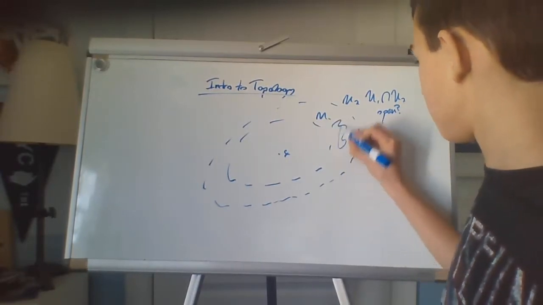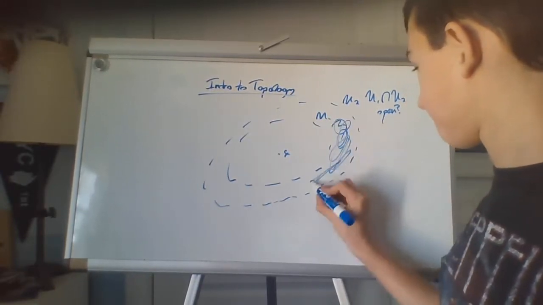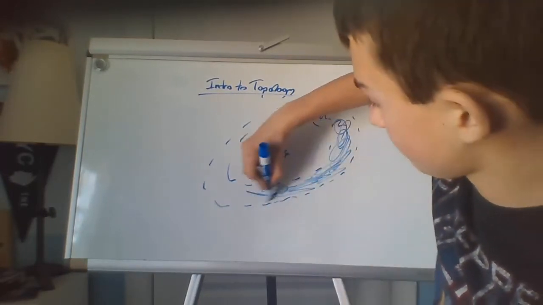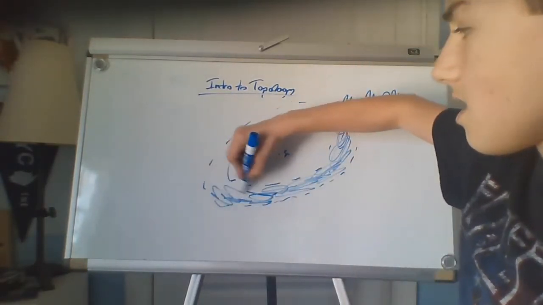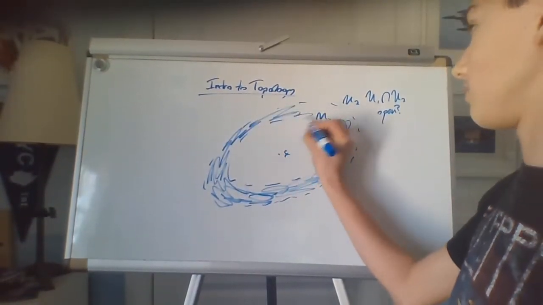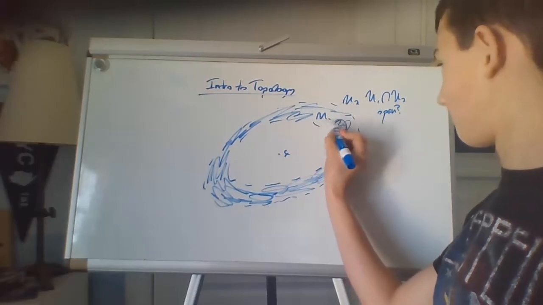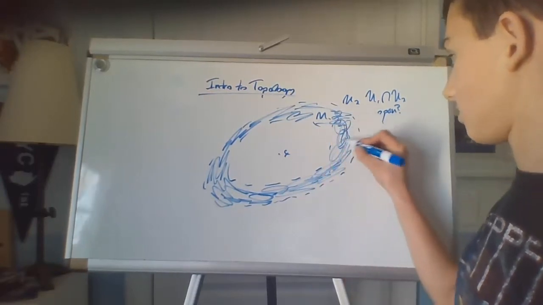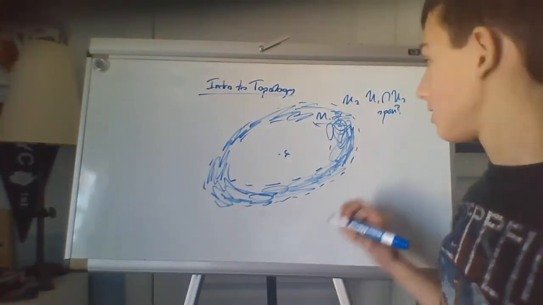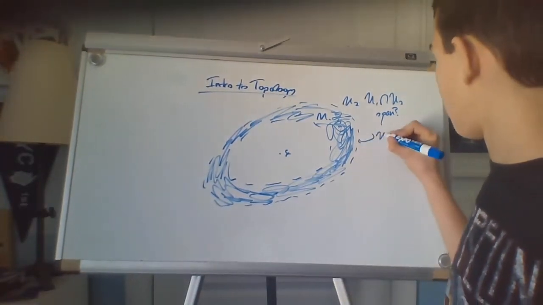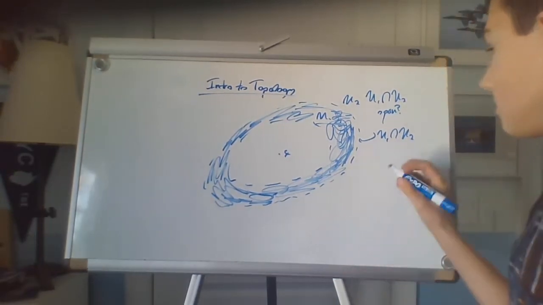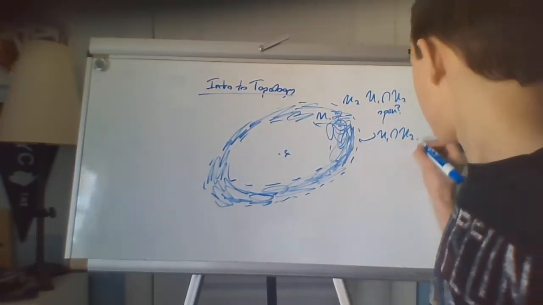This shaded area here is the area in question, and of course, we don't know yet whether it's open. This blue shaded area is U1 intersect U2.